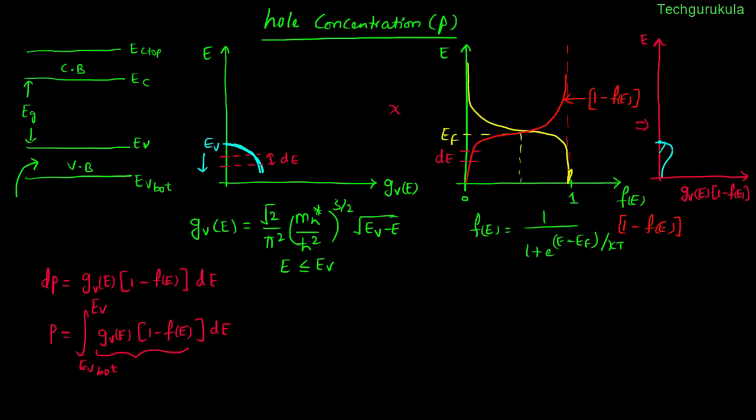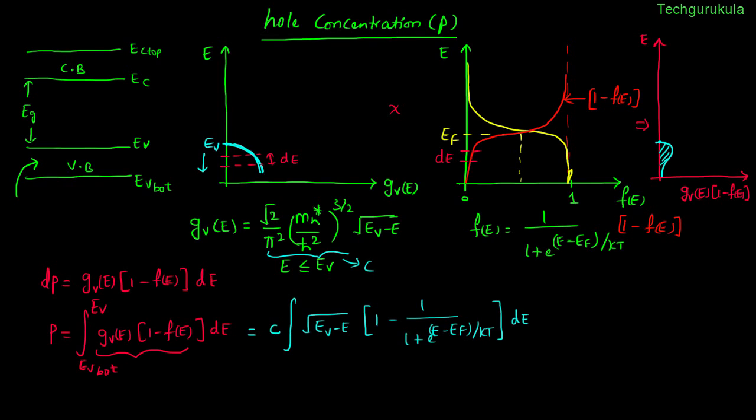Now if you see, the area that we have in this curve is actually the total hole concentration that we are looking for. Let me take this constant to be some constant, say C. So we can write this as, after substituting GV of E and 1 minus f of E, this is how the integral looks like.